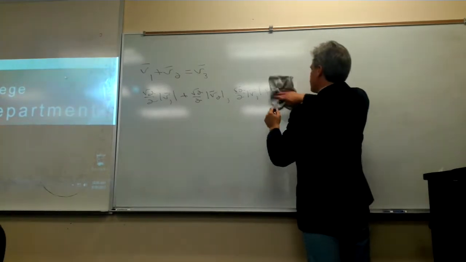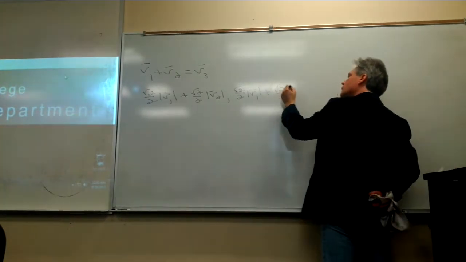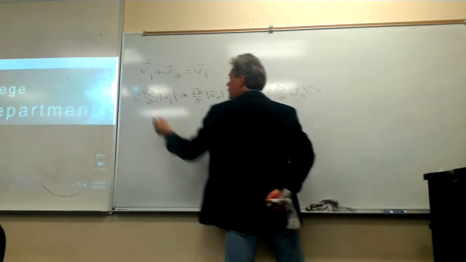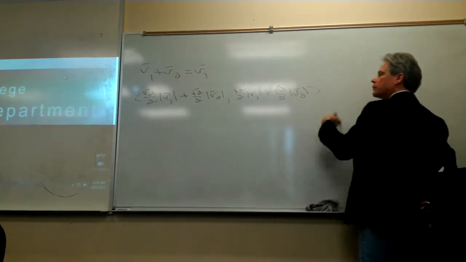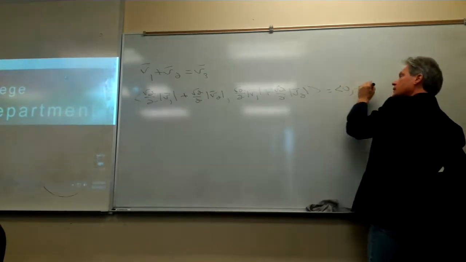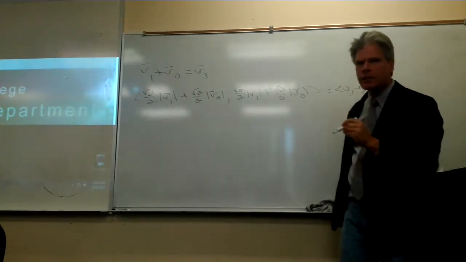I forgot my root 2 over 2. And I think this vector is going to be nothing more than this vector over here. Do you guys agree? Did I skip too many steps?